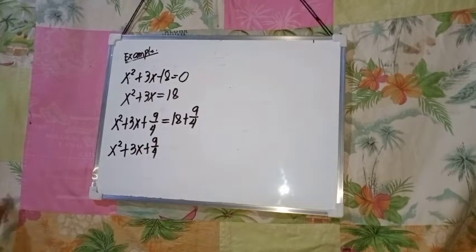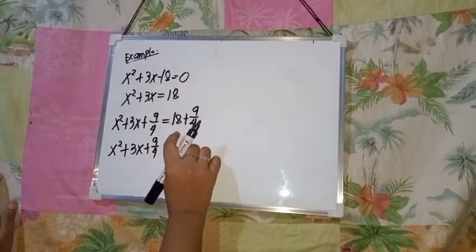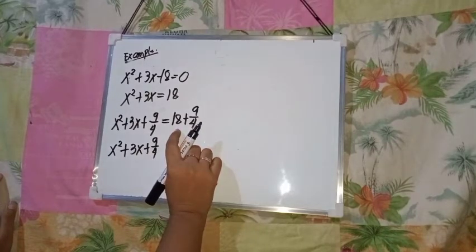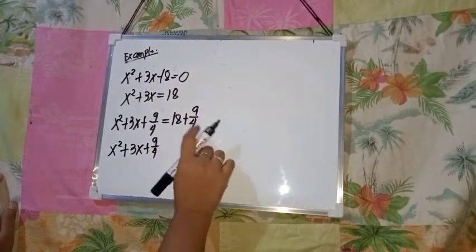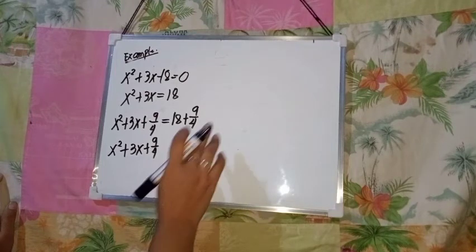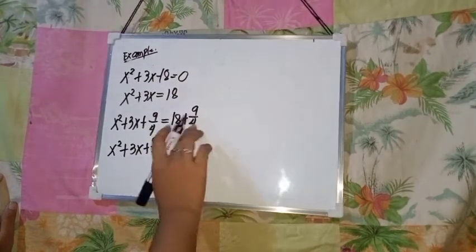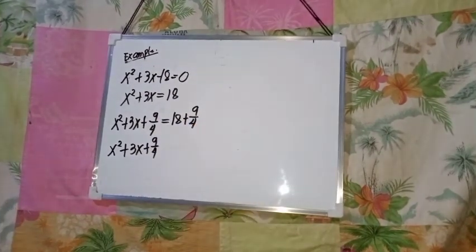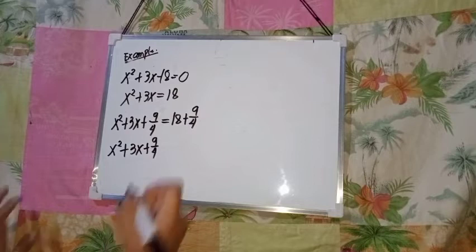What are we going to do? On this side, we need to have a denominator of 4, so we can add 9 over 4 to the given constant. But how do we do it?